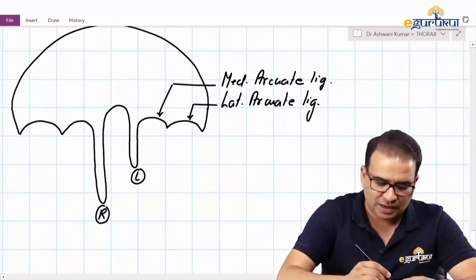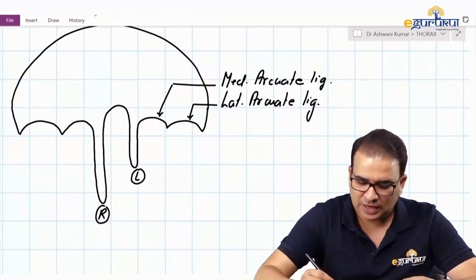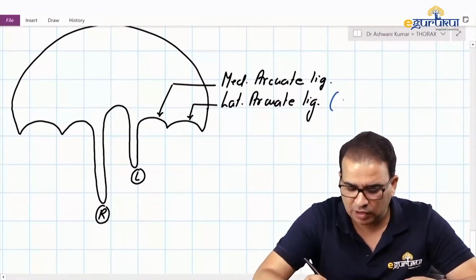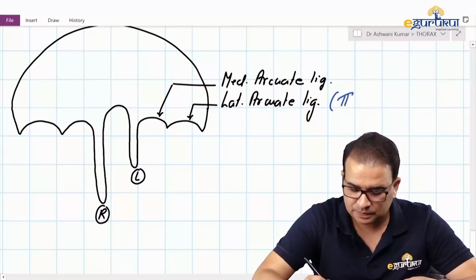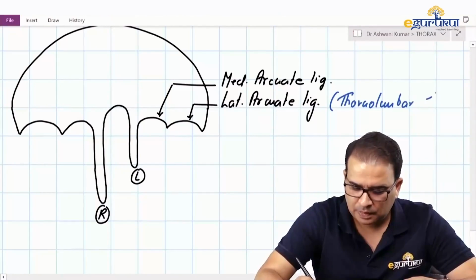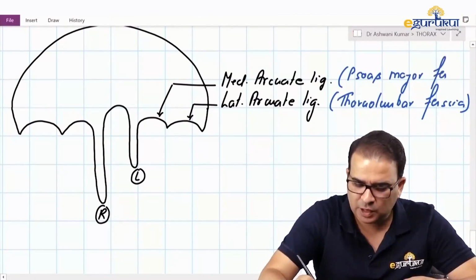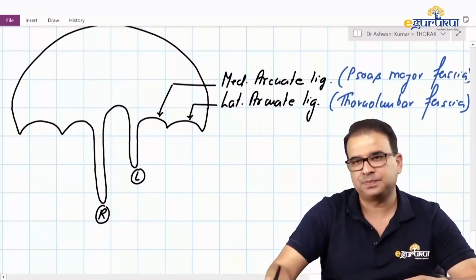I told you which fascia they are related to. So when I say lateral arcuate ligament, it was the quadratus lumborum fascia or thoracolumbar fascia, and the medial arcuate ligament is made up of the psoas major fascia. It was a thickening of the psoas major fascia.